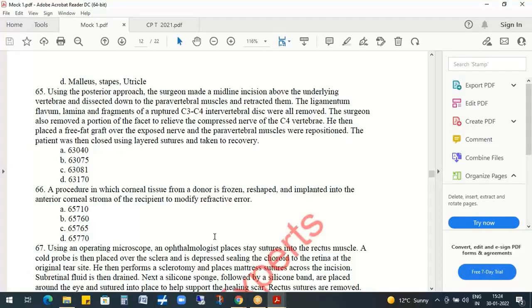Yes, what's your doubt here? Corneal tissue from a donor is frozen, reshaped, and implanted into the anterior corneal stroma of the recipient to modify the refractive error. I coded 65710, sir, but the answer is C. Can you read?